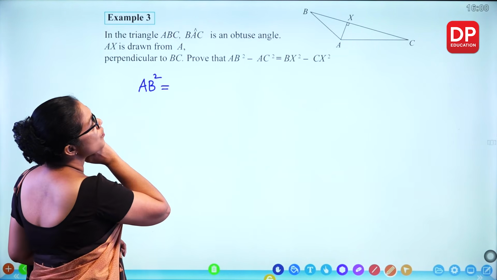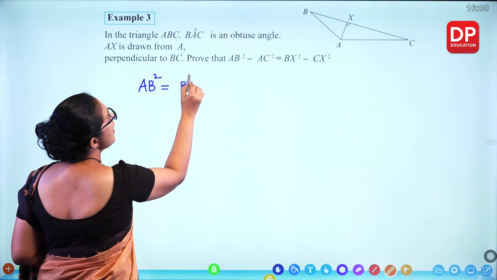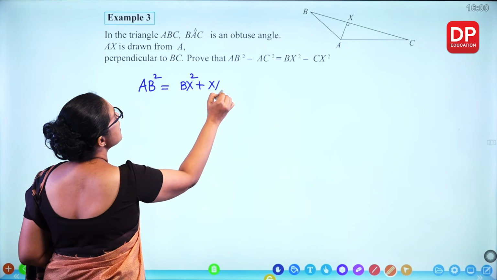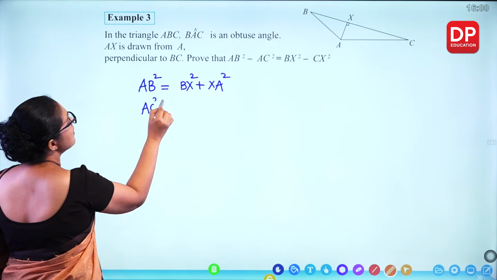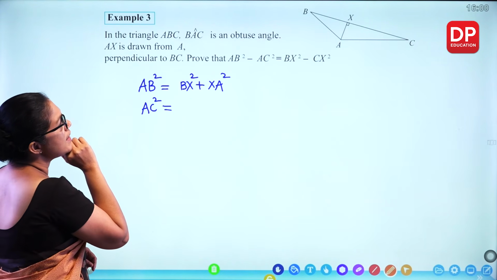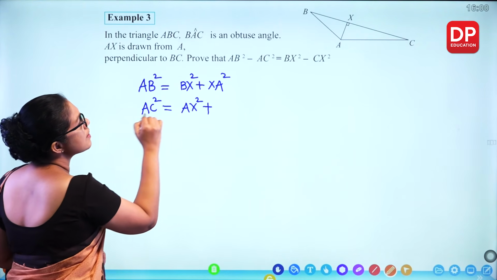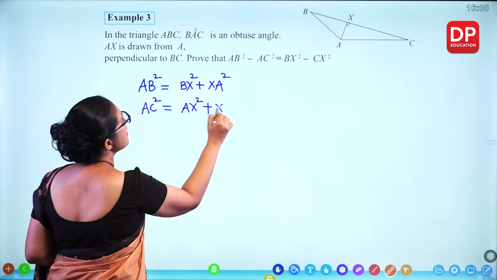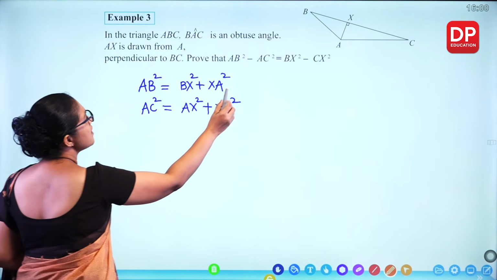AB squared is BX squared plus XA squared. What is AC squared? AC squared is AX squared plus XC squared. Now I want to subtract these two.